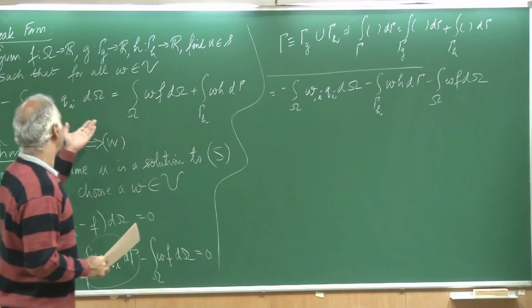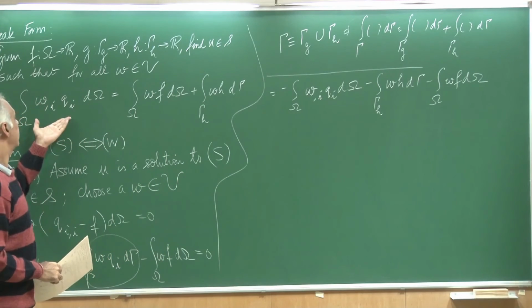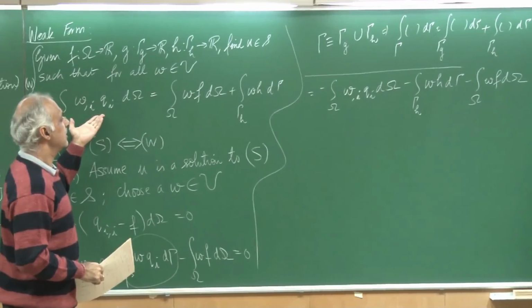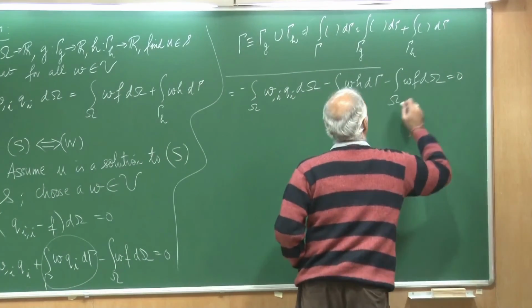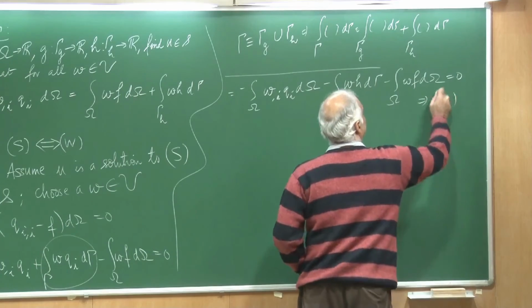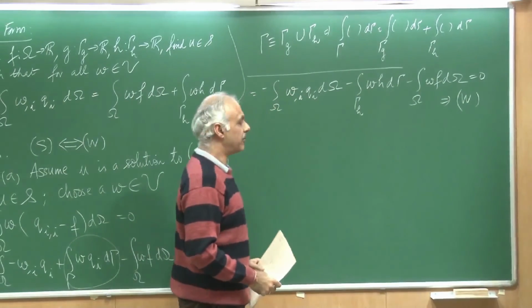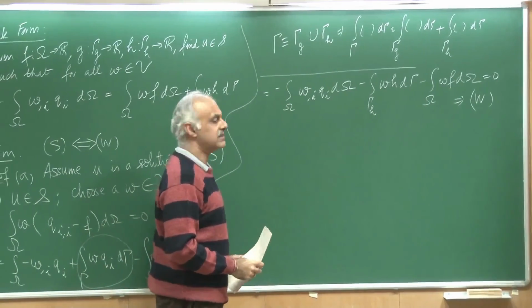And in fact this is what the weak form is. So we have been able to show that this equal to 0 implies that my solution satisfies the weak form. So part A of the proof is done.